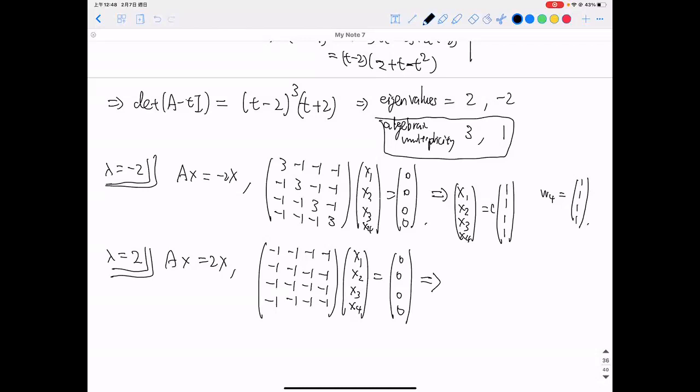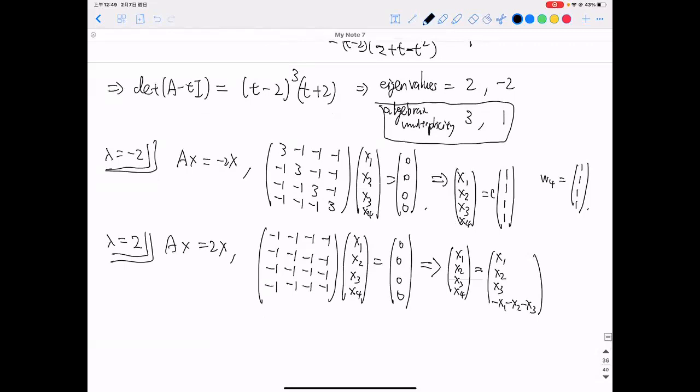So you have a 3-dimensional space of eigenvectors for this eigenvalue. Let's think about this. Say x1 is still x1, x2 is still x2, x3 is still x3, and x4 is minus x1 minus x2 minus x3.